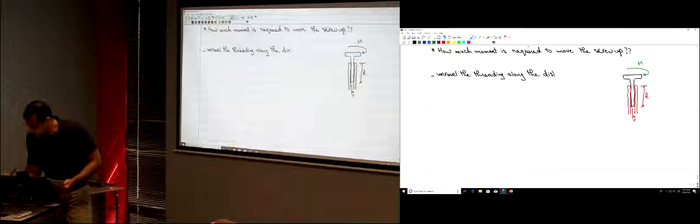Here, the contact between the two has this distance H, and here we have this average R. To study this, we're going to unravel the threading along the distance H, the contact distance between the two parts.